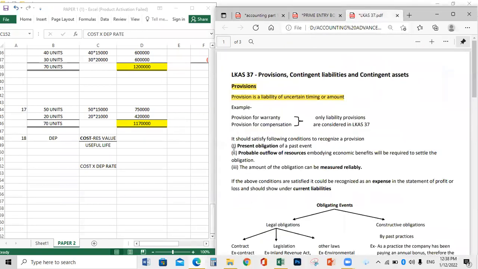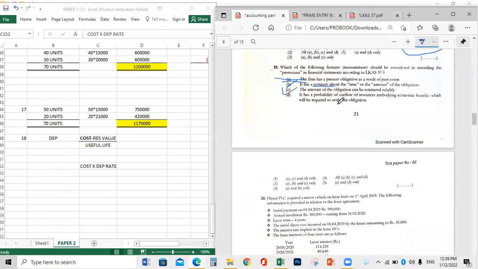See, guys, it should be a present obligation as a result of a past event. The amount of the obligation should be measured reliably. The last one, it has a probability of the outflow of resources embodying economic benefits, which will be required when settling the obligation. Probable means you should be more than 50% sure that in the future, benefits will flow outside the business when you're settling this warranty.